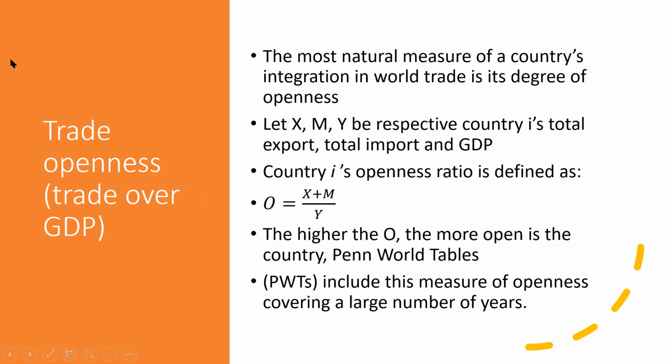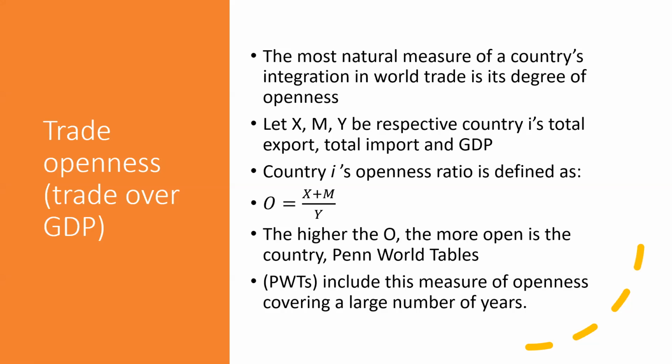So let us start with trade openness. Please, I want you to pay more attention now, because we'll be doing some practicals here and there and so on. The most natural measure of countries' integration in world trade circuits is the degree of openness. Let X, M, Y be the respective country's total export, total import, and GDP.